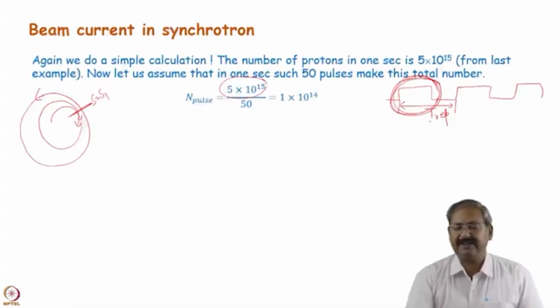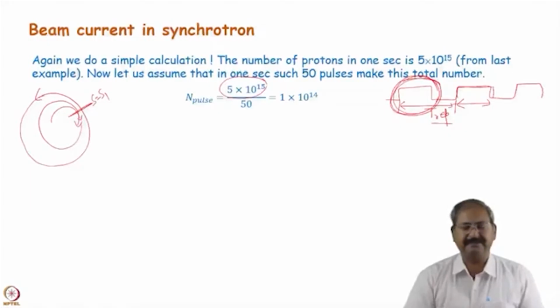After T repetition, the next pulse comes, injection takes place again, and this pulse is compressed and sent to the target. In this fashion, bursts of pulses are sent to the target by the accumulator or synchrotron.